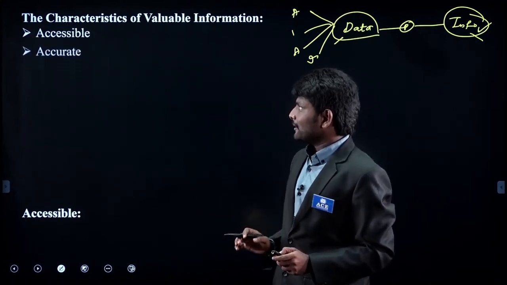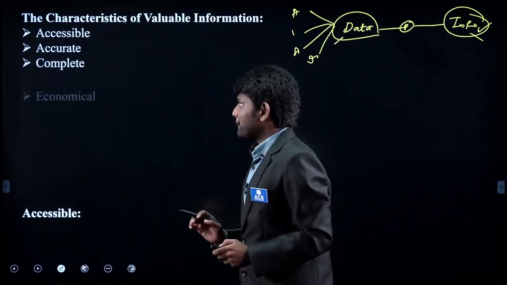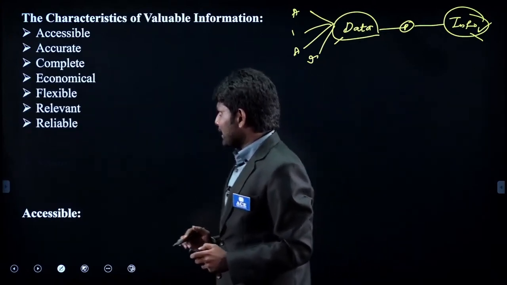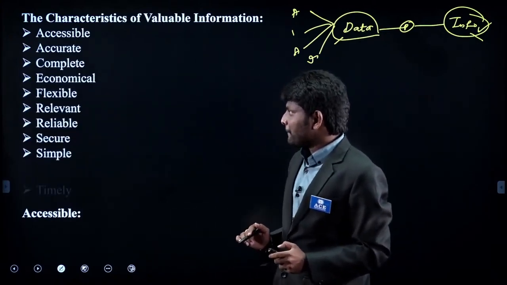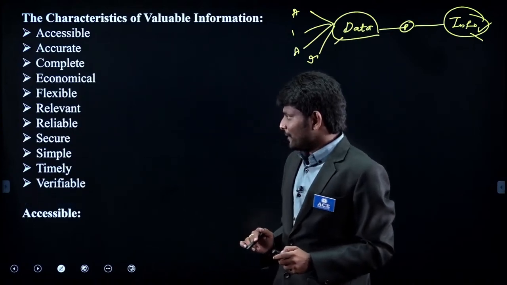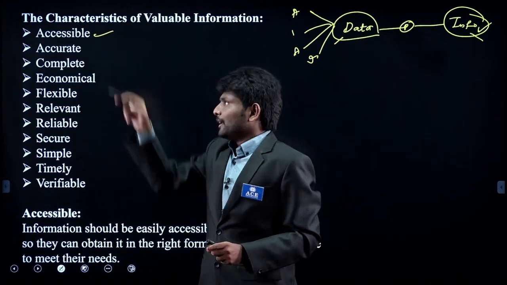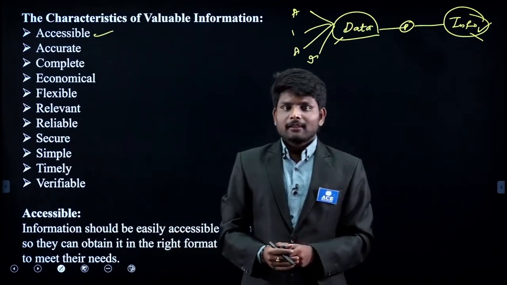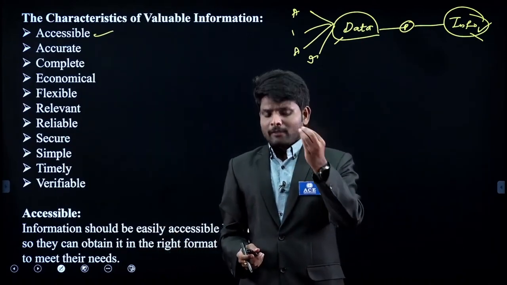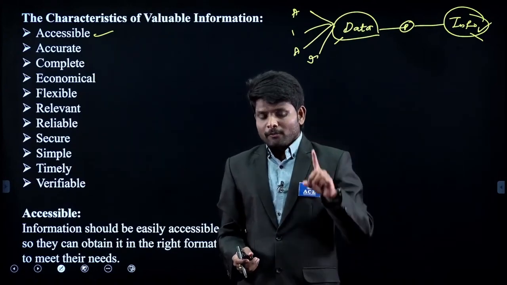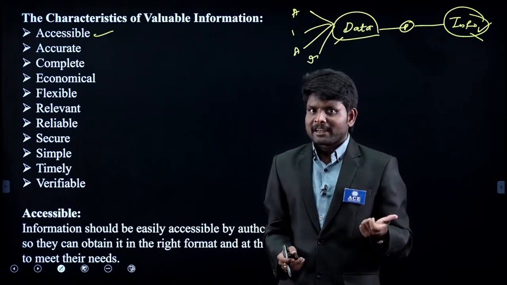One is accessible, second one is accurate, complete, economical, flexible, relevant, reliable, secure, simple, timely, verifiable, these things. Okay? What do I mean by accessible? If you create a hard disk of information and you kept the hard disk in a locker which no one can open, is there any advantage of it?